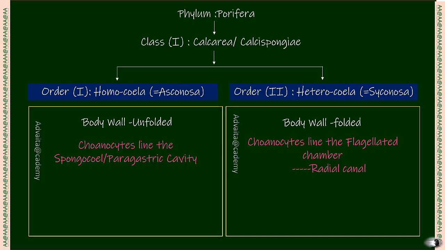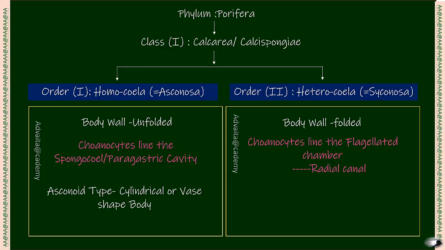One is called the incurrent canal, another is called the radial canal. The radial canal is lined by choanocytes. That's why that is called the flagellated chamber.